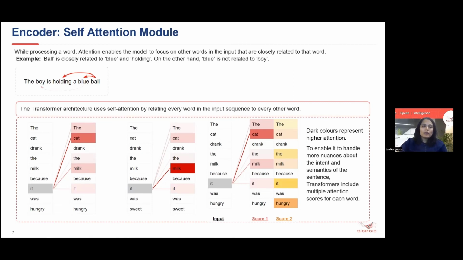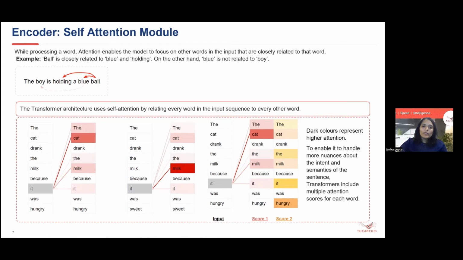Sometimes we use more than one attention module to get more information about the nuance and intent of the sentence. So supposing, over here, the cat drank the milk because it was hungry. Here, it refers to cat. So the first score by the attention module gives cat a higher percentage.